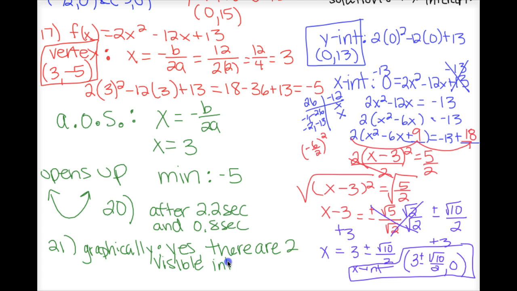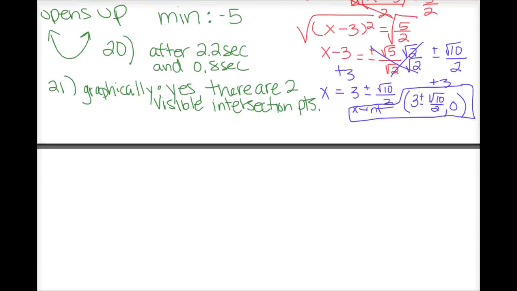I think on the answers I listed them for you. It doesn't ask you for that information, so you don't have to find them. You just have to prove that there are some. So graphically, you just look at it and say, yes, there are two visible intersection points.